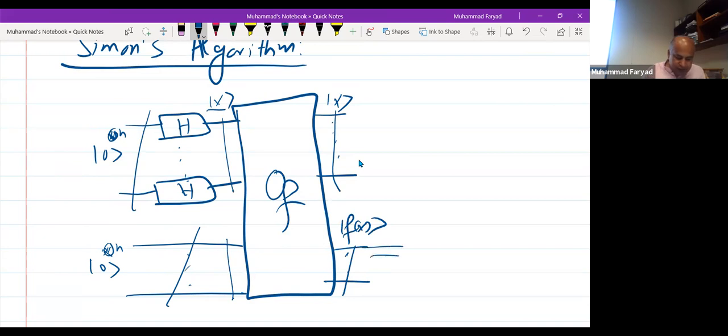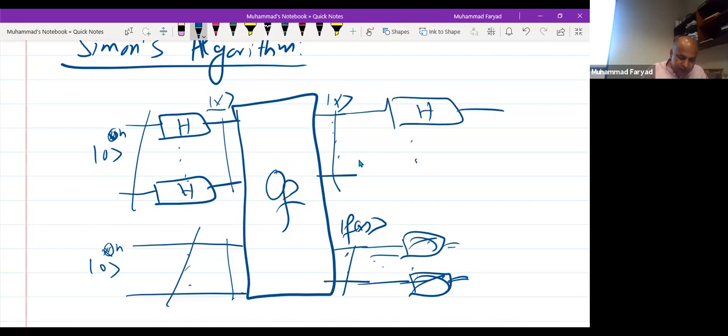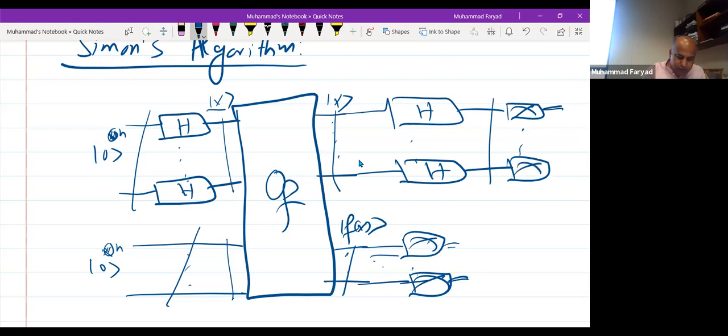Then we measure this part, and then apply Hadamard to the upper part, and then we do the measurement. Our claim is that the secret bit string would appear at the output.